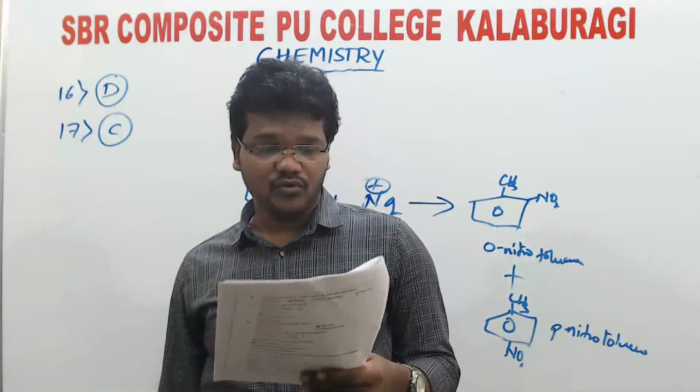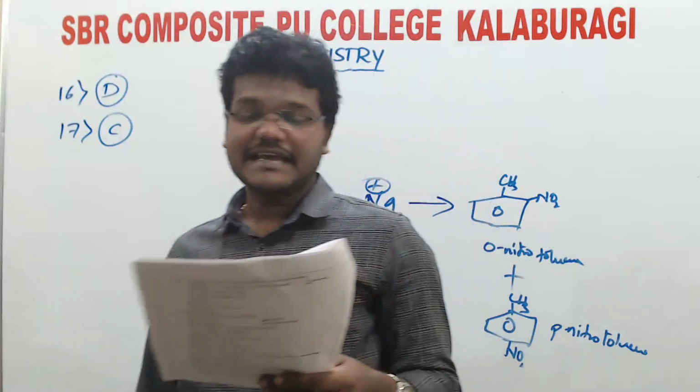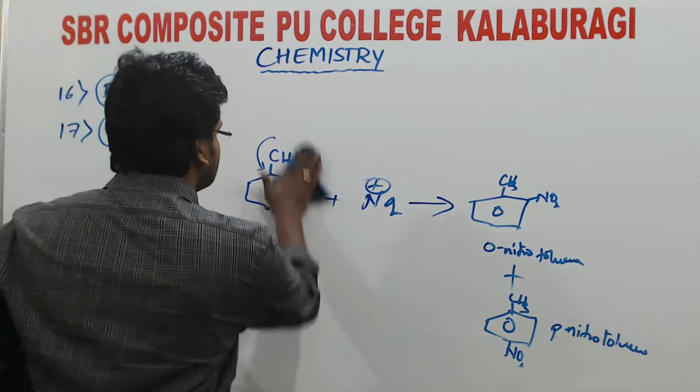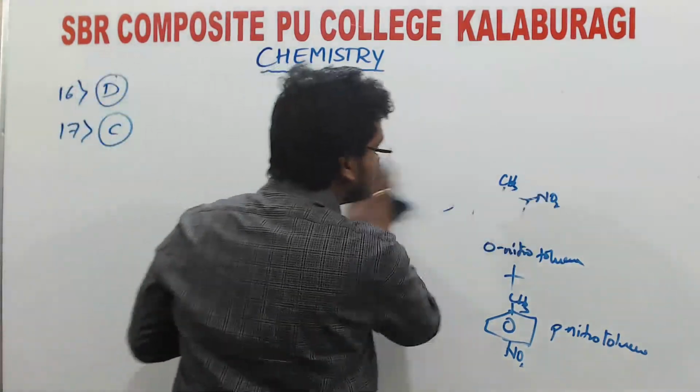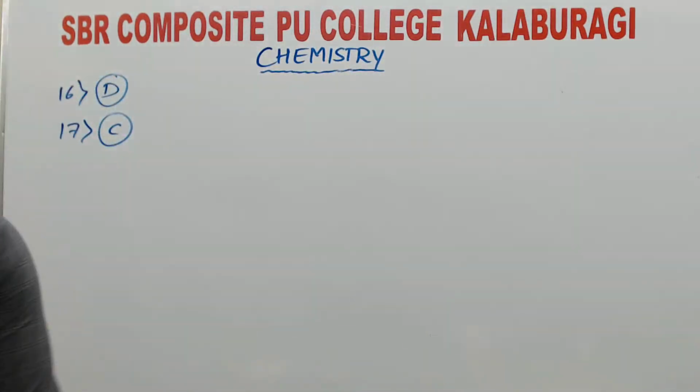Among the following compounds, 1, 2, 3, 4, they have given the order of decreasing reactivity towards electrophilic substitution reactions. So let's go through the compounds that they have given, one by one.